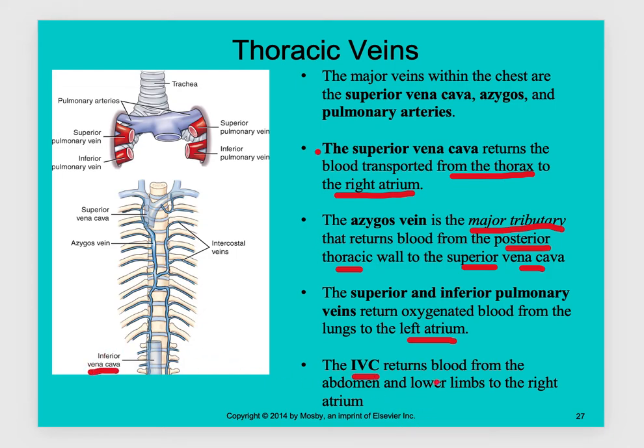Okay, and you can see here, this is rib 12, right there. So the inferior vena cava, that's why everything from the abdomen and the lower limbs comes back up, and that goes to the right atrium.